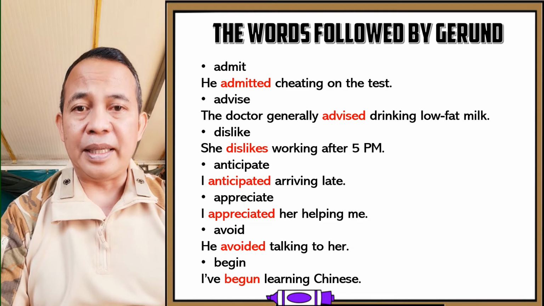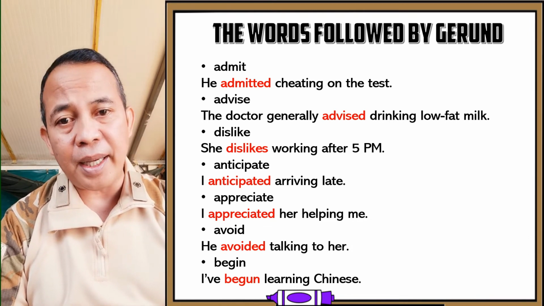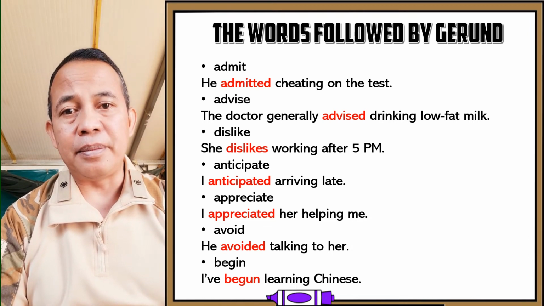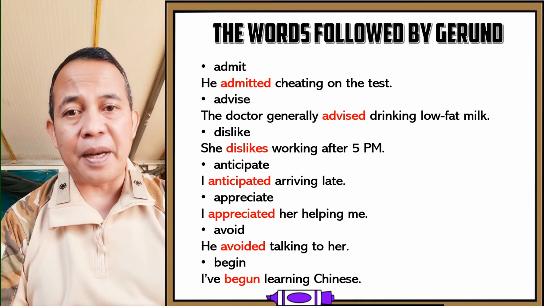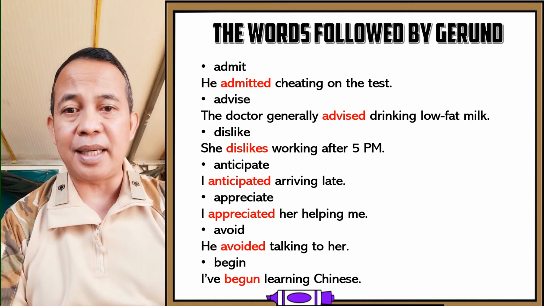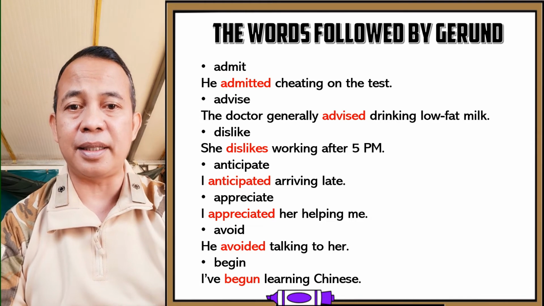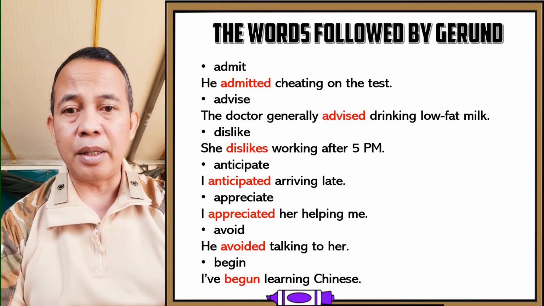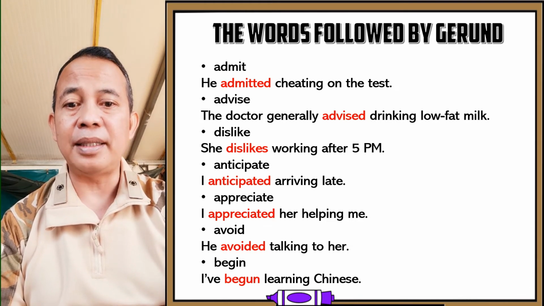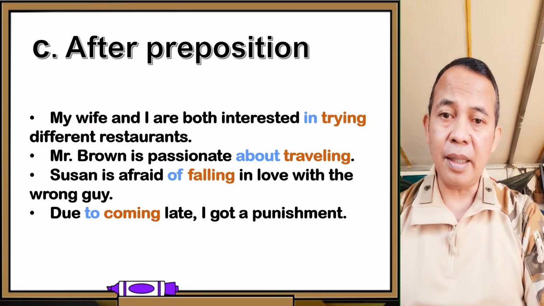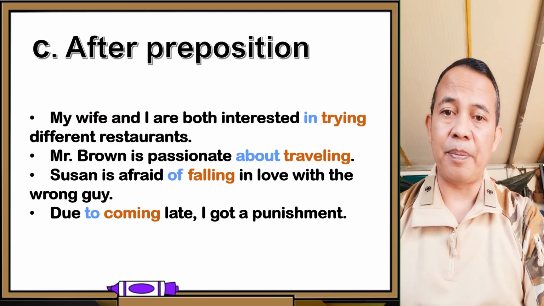So in this video I just would like to clarify and give you a very basic understanding of what gerund is, how to use it in sentences, and where we are supposed to put it in the sentence. The other position of gerund is after prepositions.